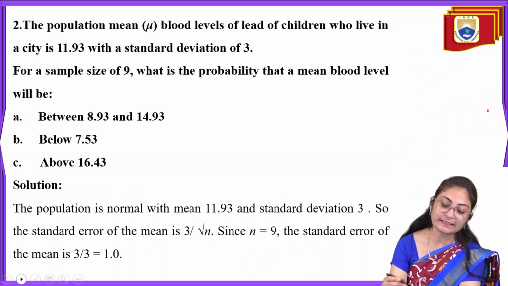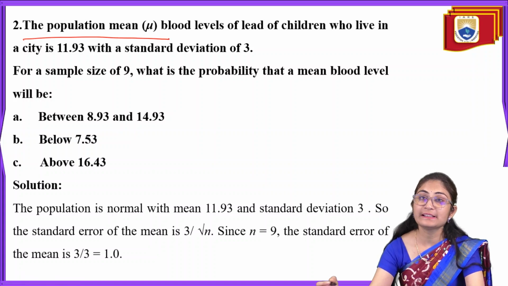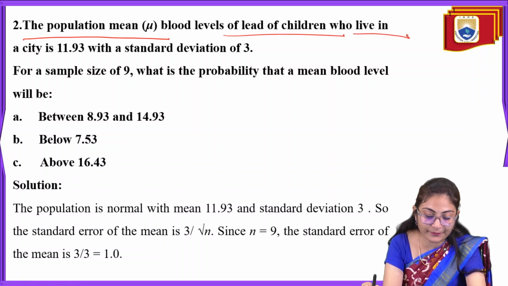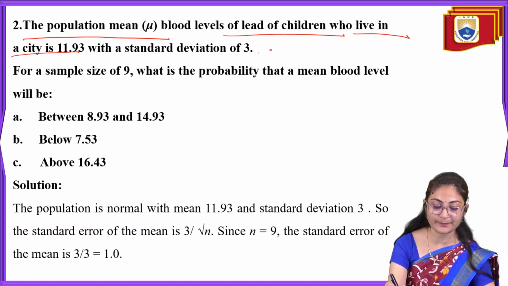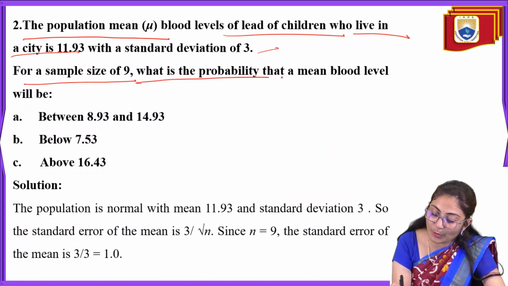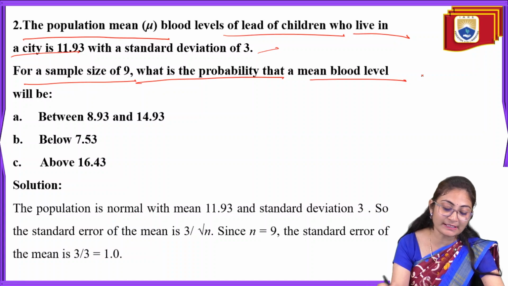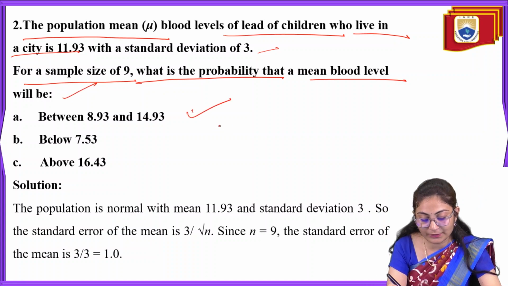Now next one: the population mean of blood levels of lead of children who live in a city is 11.93 with a standard deviation of 3. For sample size 9, what is the probability that the mean blood level will be between 8.93 and 14.93?